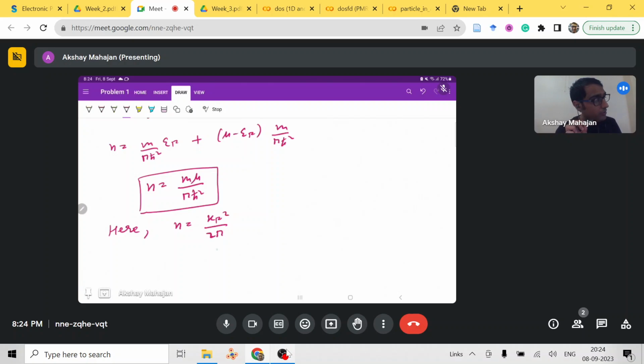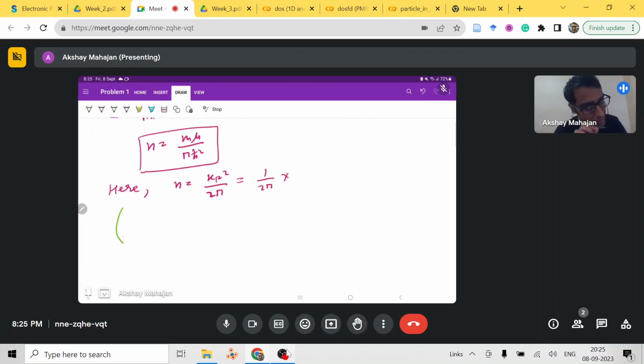Now we have kf square upon 2, so we have 1 upon 2 pi times kf square. Now kf could be written as follows. We know epsilon f is equal to h phi square kf square by 2m.